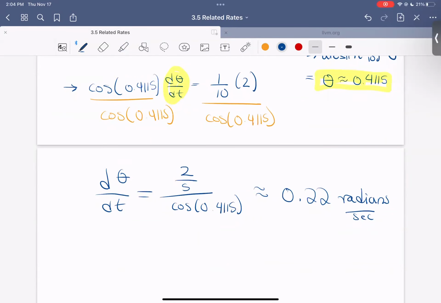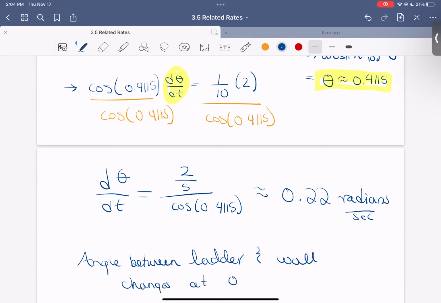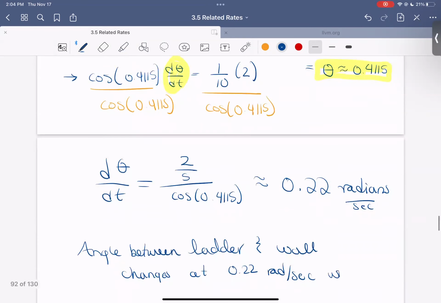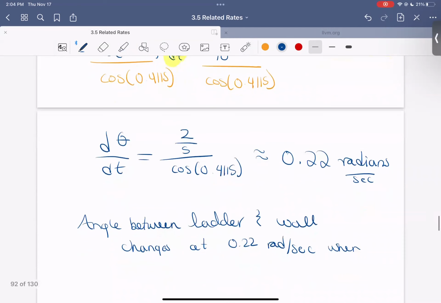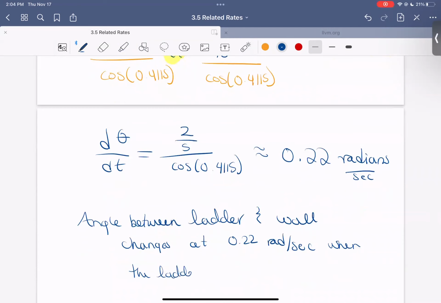So this means that the angle between the ladder and wall changes at 0.22 radians per second when the ladder is 4 feet from the wall.